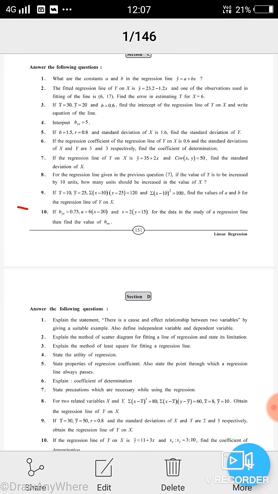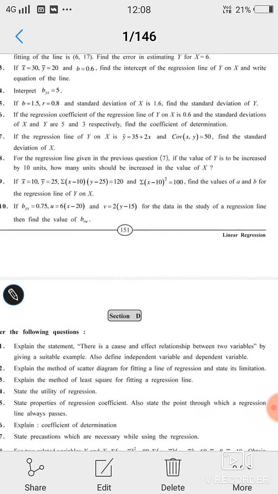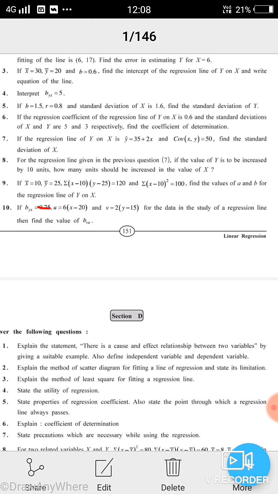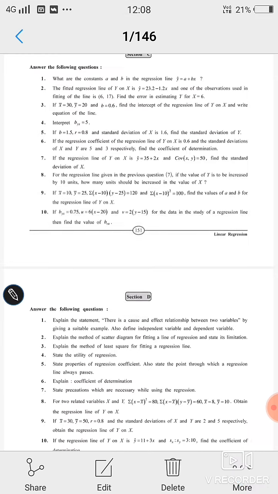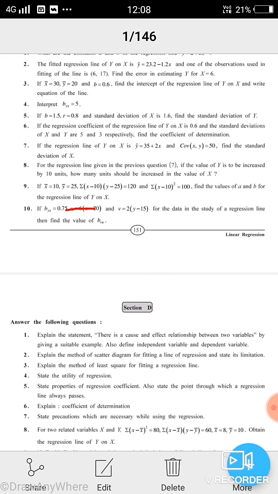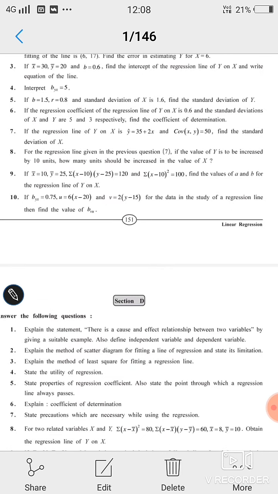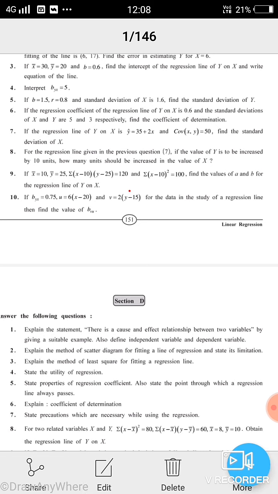Now sum number 10. If byx is equals to 0.75, u is equals to 6 in bracket x minus 20 and v is equals to 2 into y minus 15 is given.